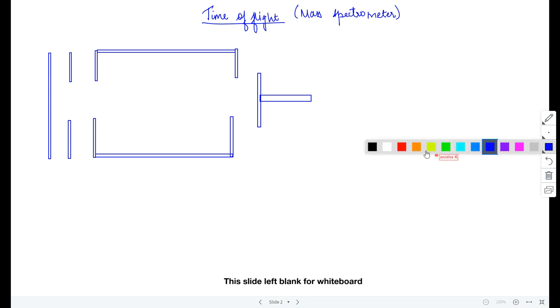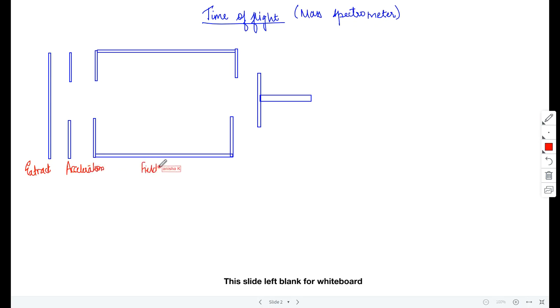Fine. We'll start. Now this is the point of extract. This is extract. There is acceleration. This is the field free drift, and this is the detection part.